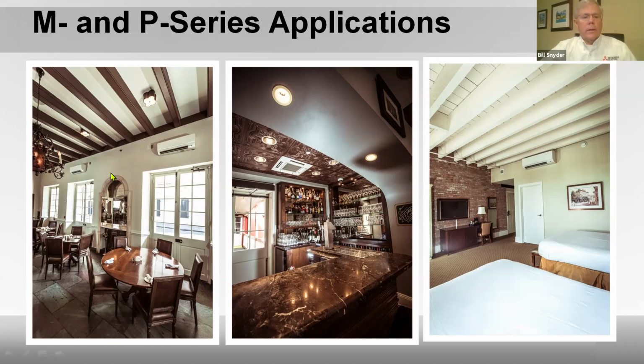The other thing to think about in this particular application is they put these above, in this case, a doorway or a window. In the bottom right-hand corner, and this can vary, we can do things differently, is where your line set comes out. It goes straight out the wall through a 3-inch hole.